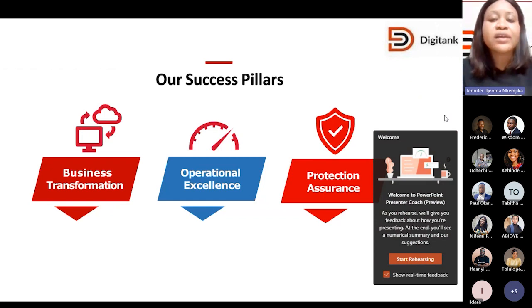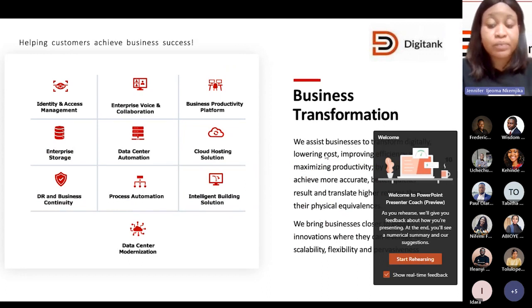Yes. So our services, offerings are under three major pillars. They're either helping you to transform your businesses, helping you to achieve operational excellence, and protection assurance. So speaking of the first pillar, which is business transformation, this is when we try to assist you in operating in a more cost-effective way, lowering your cost, improving your efficiency, maximizing your productivity, right?